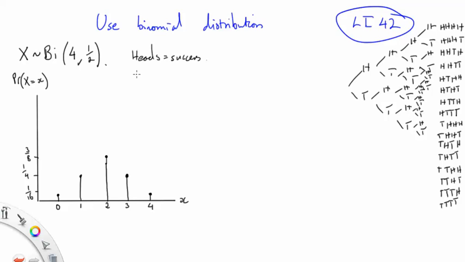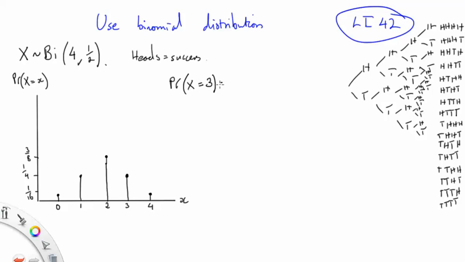Now, here's the sweet part. Here's what the CAS can do for you. You don't really have to do this, because if you want to find the probability of getting exactly 3 heads, there's a CAS function you can use.